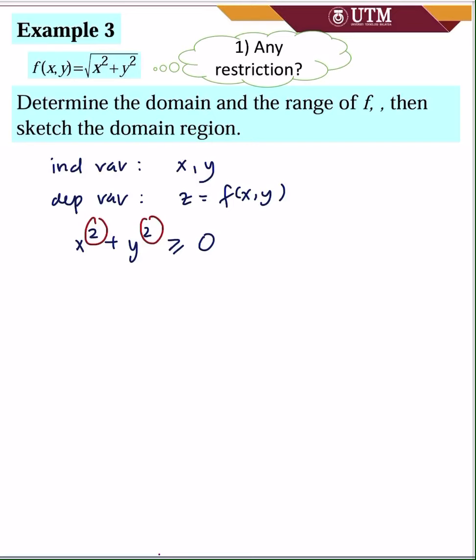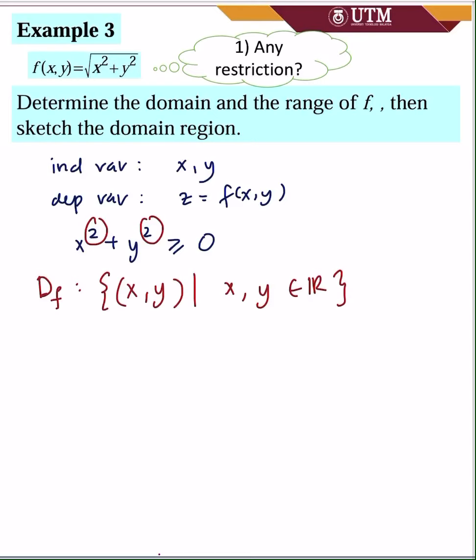So in this case, what will be the domain? The pairs (x, y) such that x squared plus y squared is always greater than or equal to 0. Even though we don't have any restriction, it is always greater than or equal to 0. So in this case, we can say x and y are all real numbers.